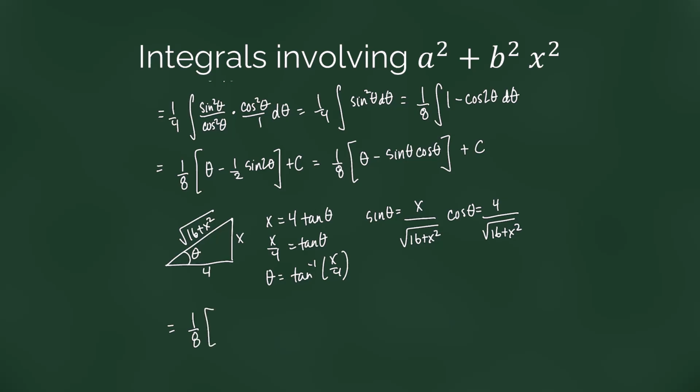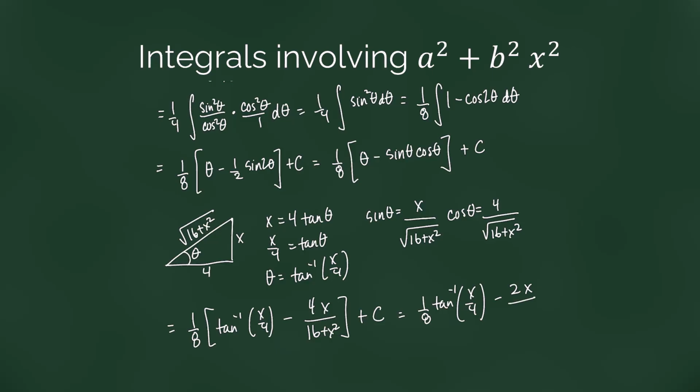So plugging in now, we have 1/8 times theta is equal to the inverse tangent of x over 4. And then sine theta times cosine theta will give us 4x over 16 plus x squared. The square roots, when we multiply them together, they go away. And so we have 1/8 the inverse tangent of x over 4 minus 2x, canceling our 4 and our 8, over 16 plus x squared, plus a constant c.